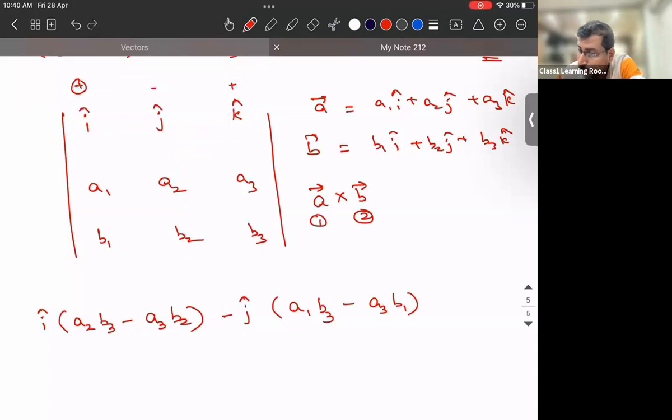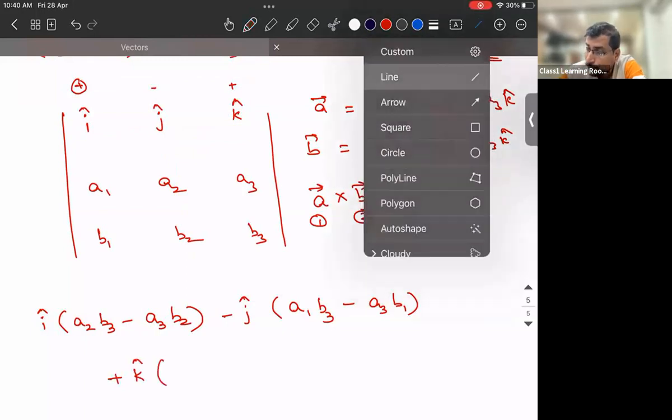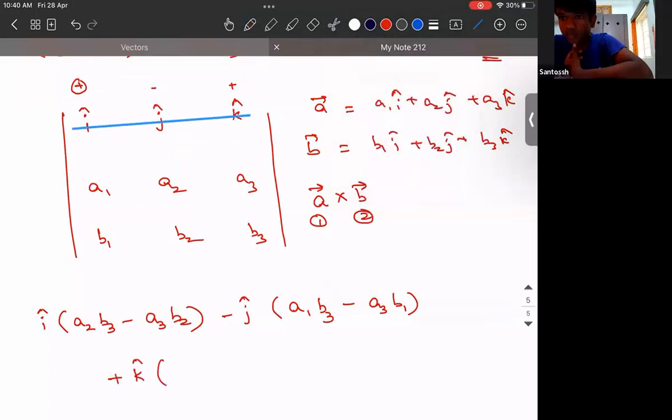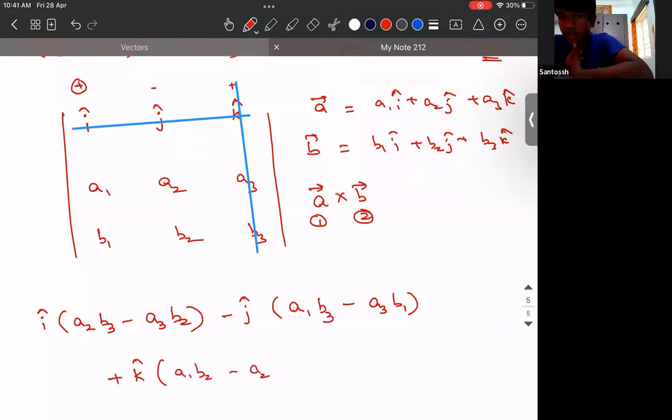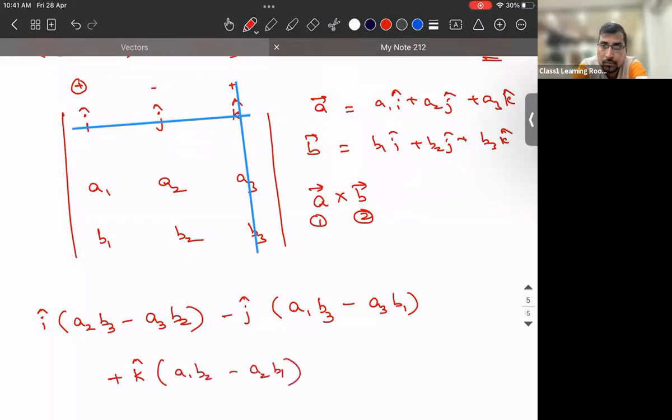Then K cap has a plus sign on top of it. So you'll put plus K cap into, hide the corresponding row and the corresponding column of it. Then you will have A1B2 minus A2B1. That's it.